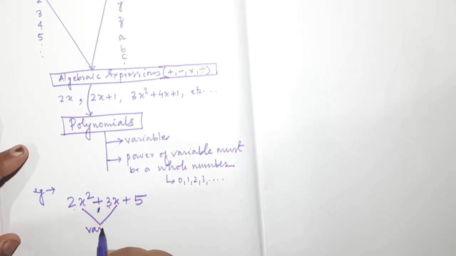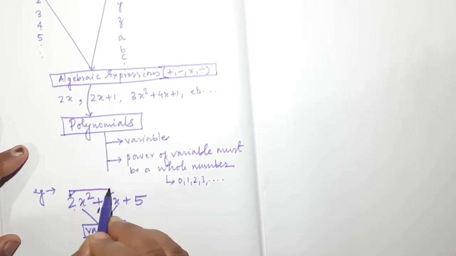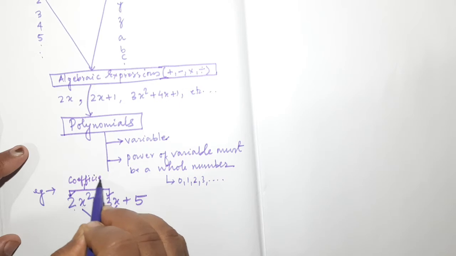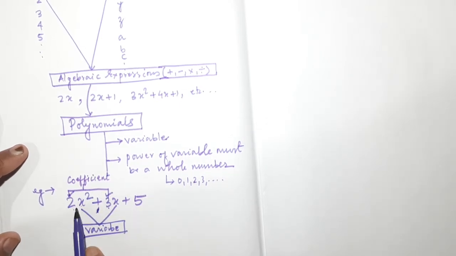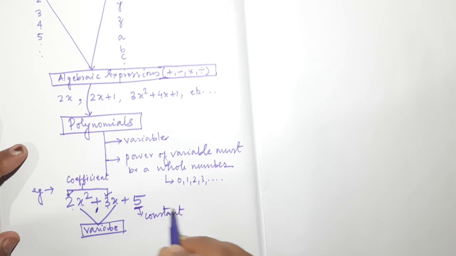Here you can see the variable is x. These two numbers, 2 with x square and 3 with x, are called coefficients. And the number without any variable is a constant.